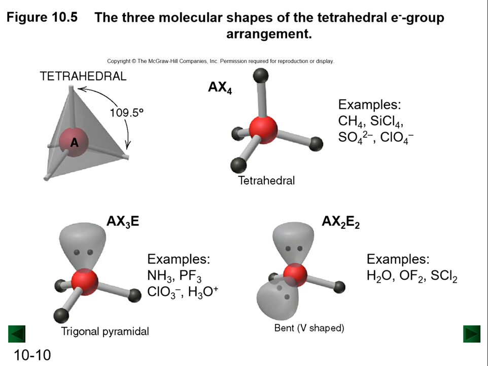If we have 2 electron groups that are lone pairs for a tetrahedral electron group arrangement, then we end up with a bent or V-shaped system. And examples of this are water, oxygen difluoride, and sulfur dichloride.